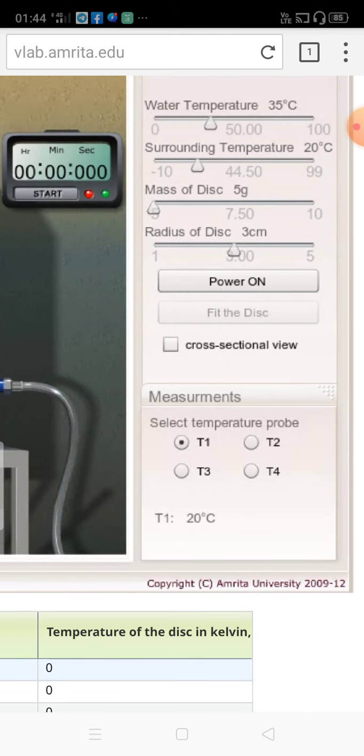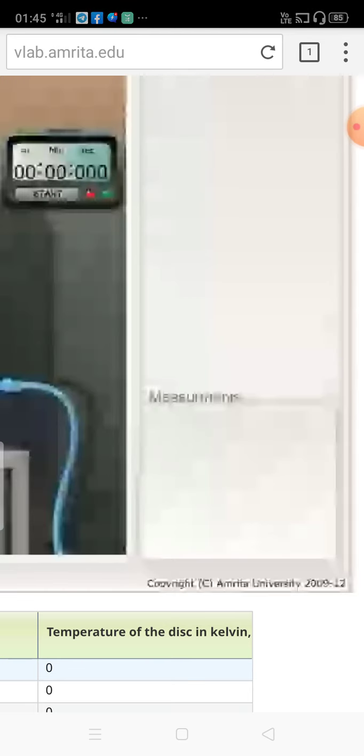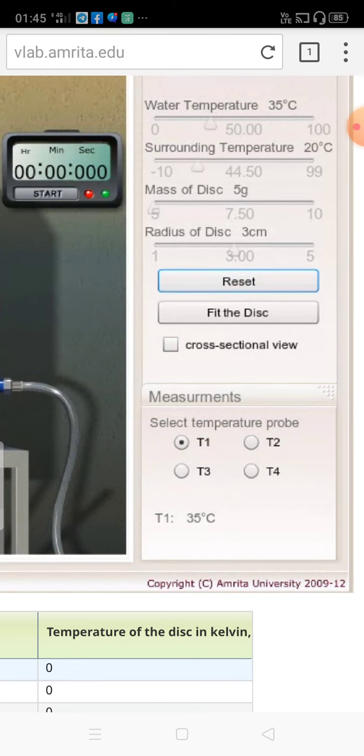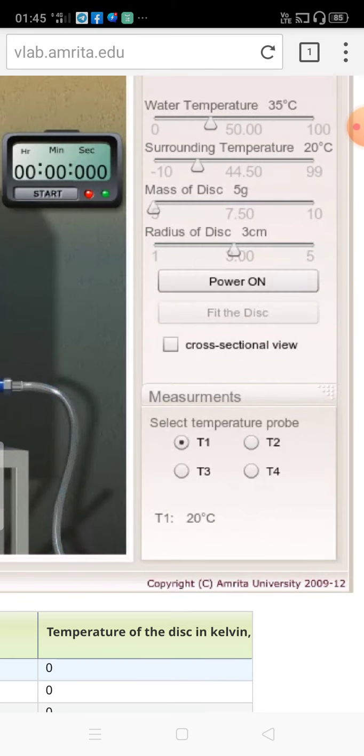Then with any one of the temperatures showing, say T1 is 20 degrees, you have to feed the disc and power on. First you power on, then you reset. Then the starting condition, then power on, then feed the disc.